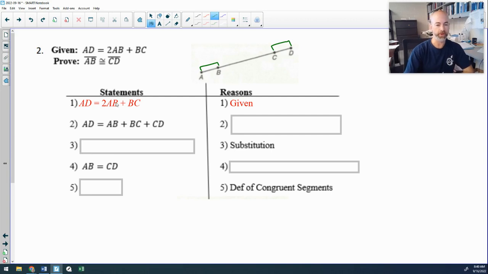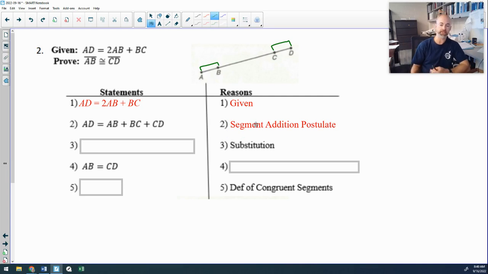And so what I'm going to do first is they have a representation of AD, but it says AB plus AB, which is kind of weird. So what I want to do is I want to have a more traditional way of adding up pieces to get AD, and we're going to do the segment addition postulate on steroids. Typically, segment addition postulate has been just 2 pieces, like AB plus BC is AC, but you can add 3 of them, AB plus BC plus CD.